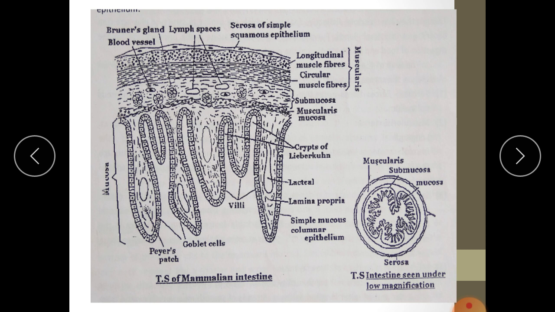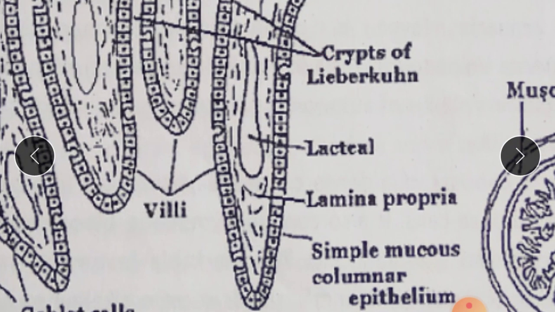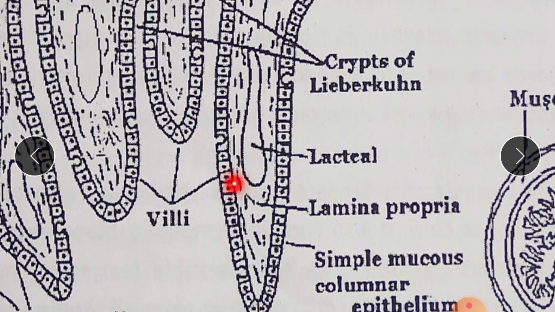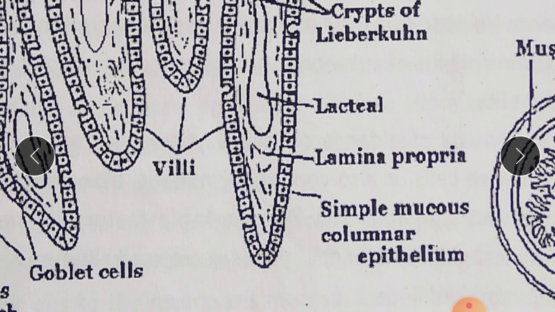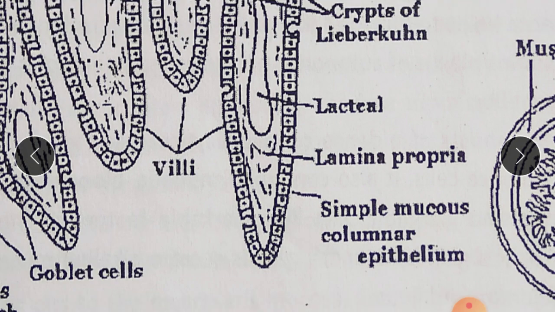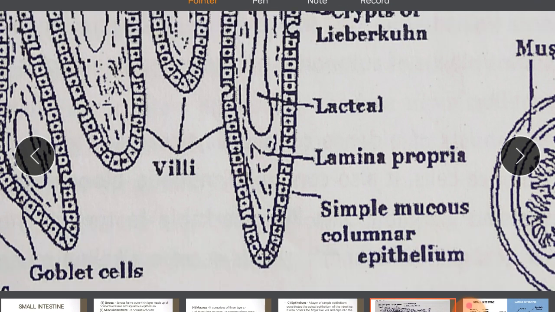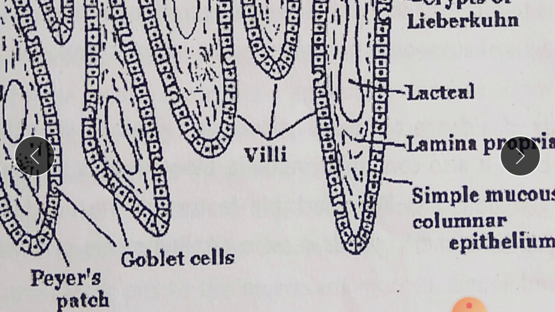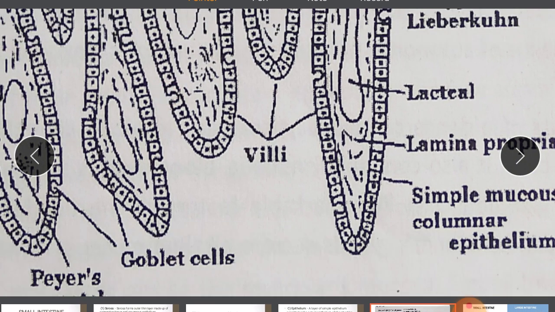They are lined by surface epithelium. Can you see here? This is surface epithelium. Simple columnar epithelium is there. Here and there you can see goblet cells. Goblet cells secrete mucus. Mucus secreting cells these are.